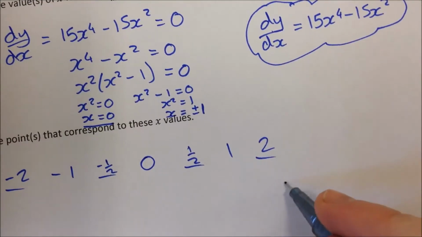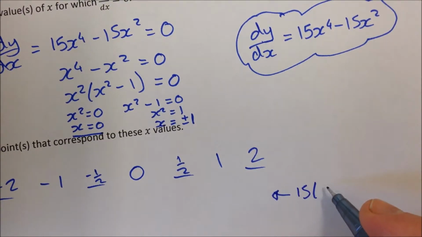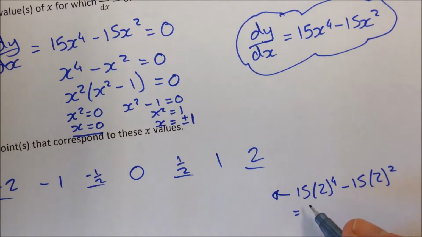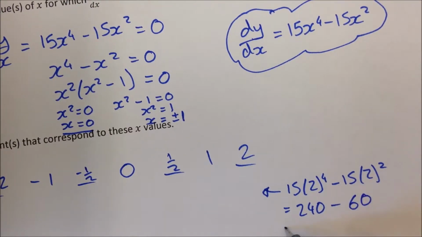So the first one, we want 15 lots of 2 to the 4, take away 15 lots of 2 squared, which is 2 to the 4 is 16, so that's 240. Take away 15 lots of 4, that is 60, so that is 180.